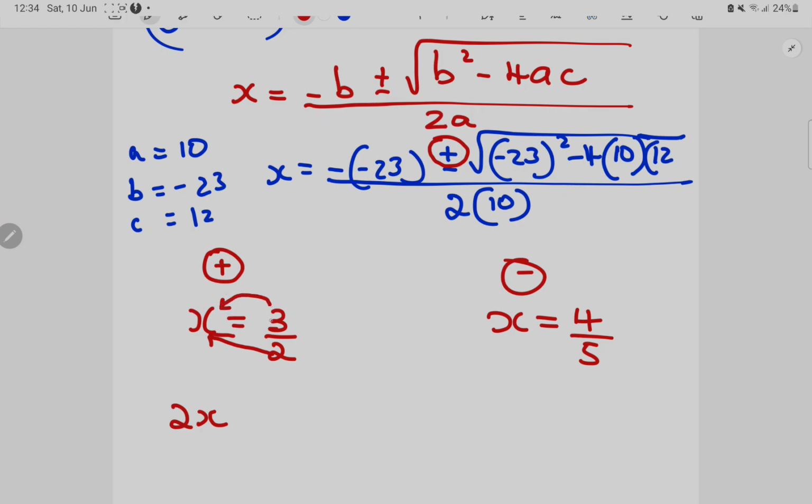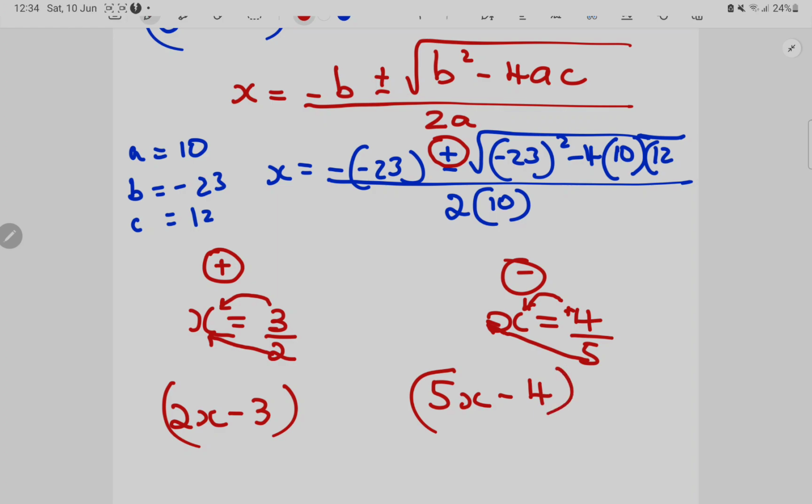This 3 was positive, so when it goes to this side, it becomes negative 3. So this is my first bracket. Then the second bracket, I'm going to do the same thing. Cross multiply x times 5, it's 5x. Then this 4 was positive, so when it reverses it becomes negative 4. So this is our bracket.